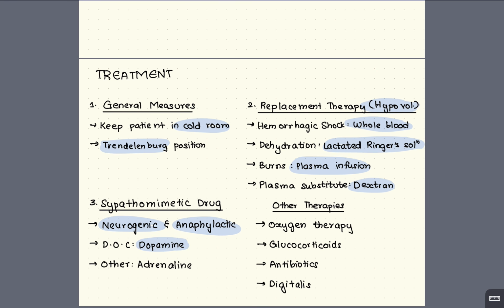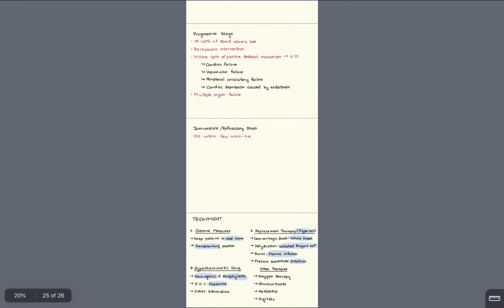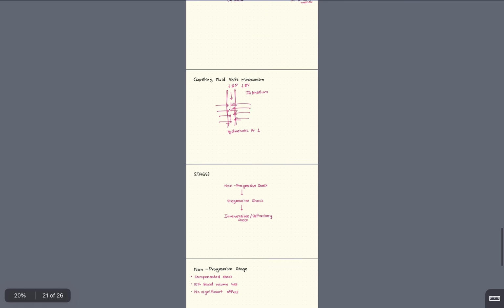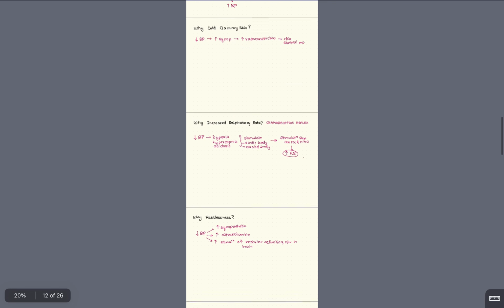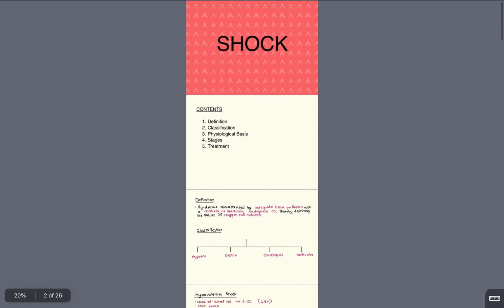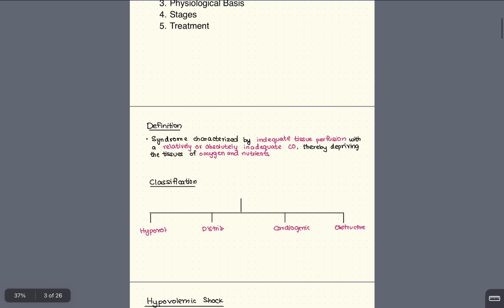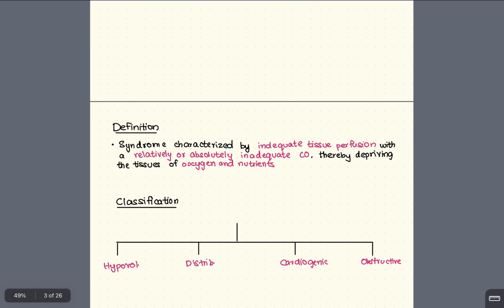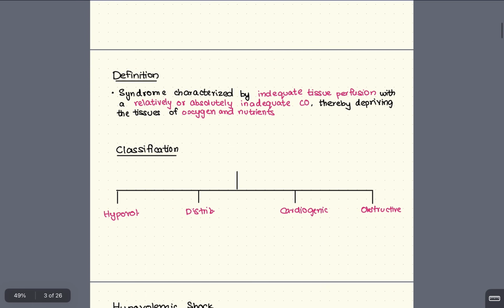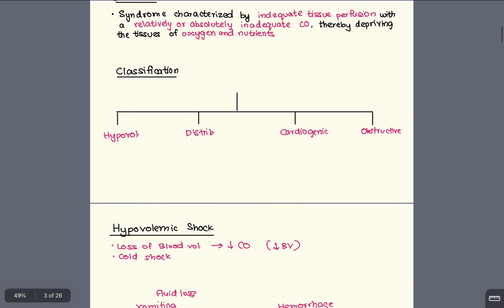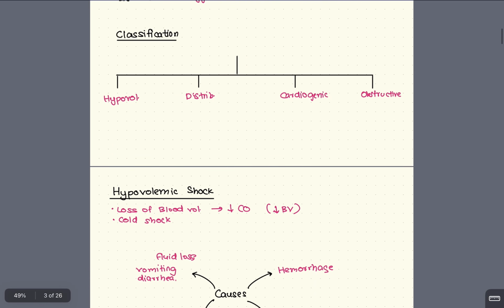So this is all about shock. It's kind of large and you might be exhausted, but these are the most important topics here. We've discussed the definition. The main points are decreased cardiac output, inadequate tissue perfusion, and cellular hypoxia. We divided shock into four in the classification: hypovolemic, distributive, cardiogenic, and obstructive.